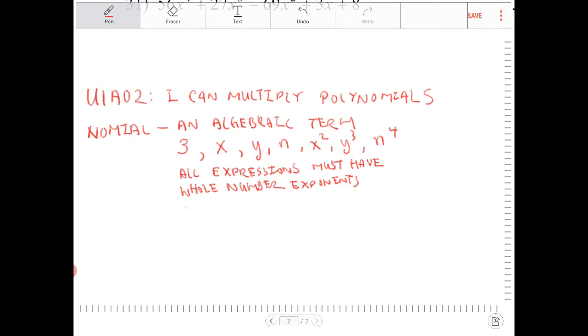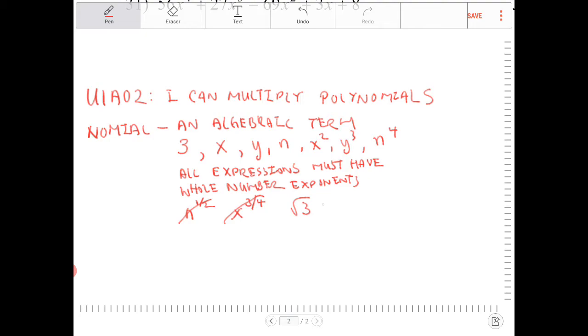So is n to the, let's say, 1/2 considered a nomial? Well, no, it's not. It's not a part of it because of that exponent there. Is x to the 3/4? Nope, that's not it either, okay? What about square root of 3? That is okay because we consider this to be a coefficient, and any coefficients can be of any value.